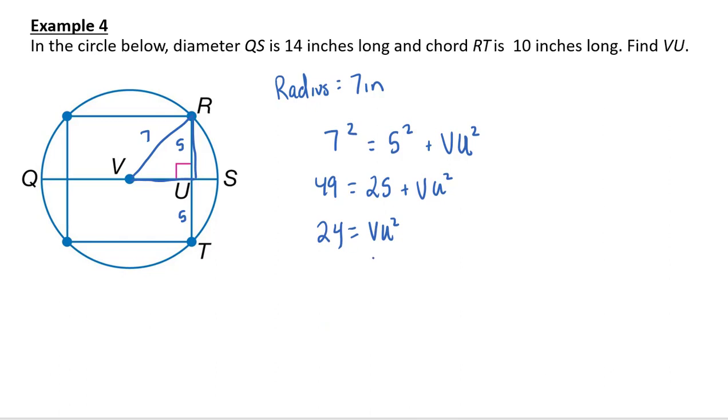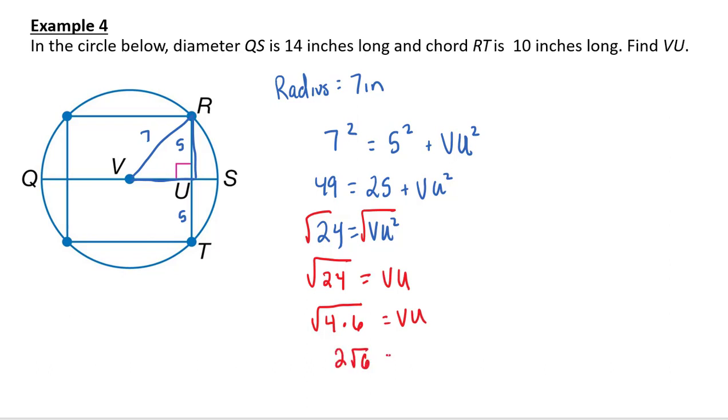So if I subtract the 25 over, and then we square root both sides, the square root of 24 is equal to VU. But remember we want everything in simplest radical form, so I have 4 times 6, so I have 2 root 6 is equal to VU.